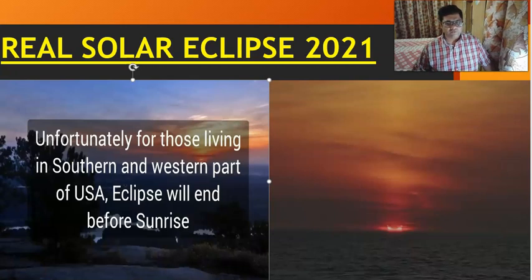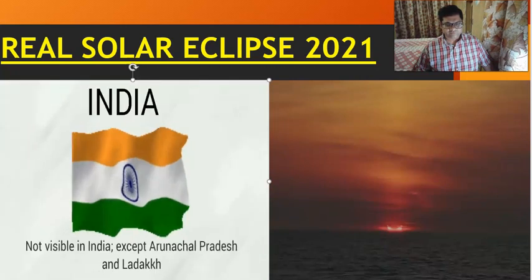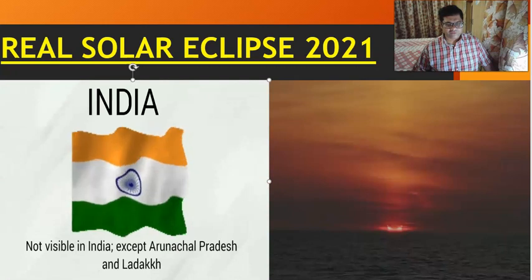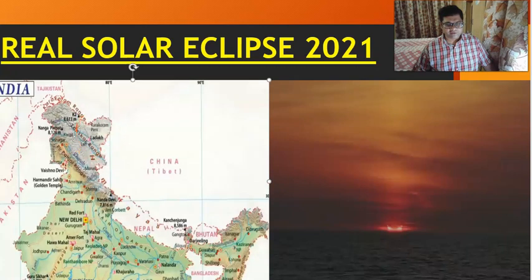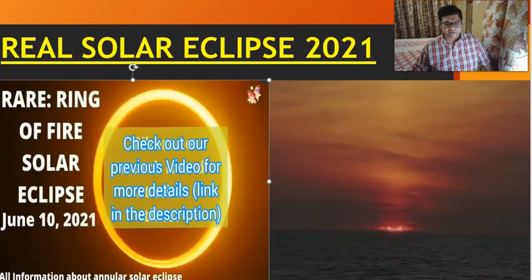The southern and western part of USA will not be able to see it, unfortunately. And unfortunately in India it won't be visible, but Ladakh will be able to see, and Arunachal Pradesh. Now you will see the Ring of Fire solar eclipse, children.